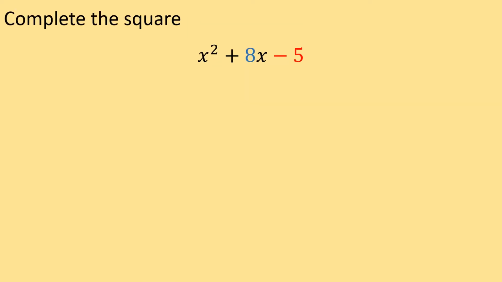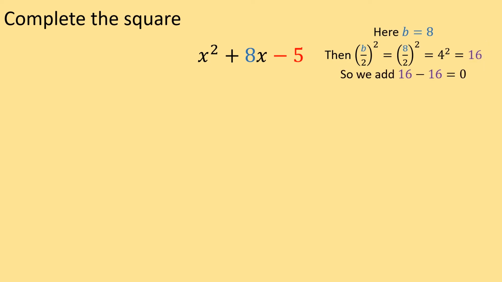Let's say we want to complete the square of x squared plus 8x minus 5. Here, our b value is positive 8. And so b over 2 squared, which is 8 over 2 squared, is the same thing as 4 squared, which is 16. And so we're going to add and subtract 16 to our quadratic expression.